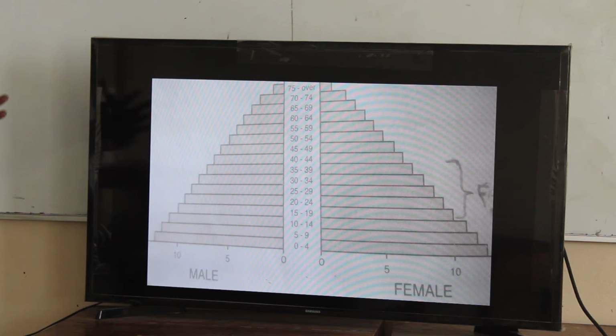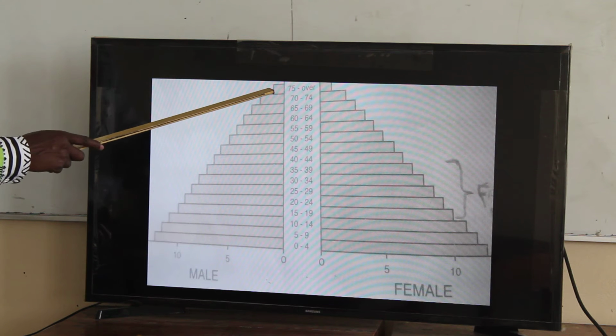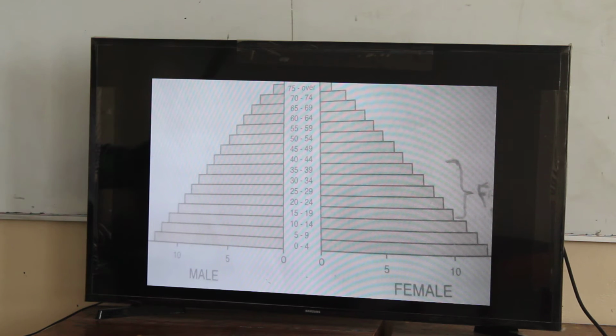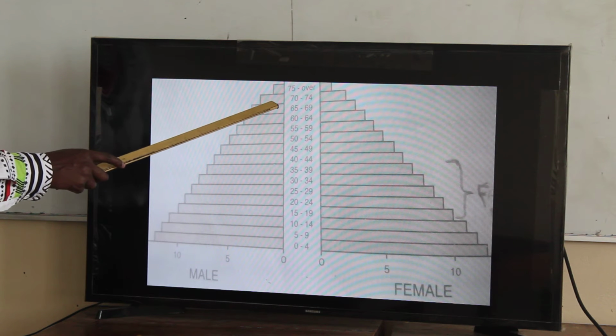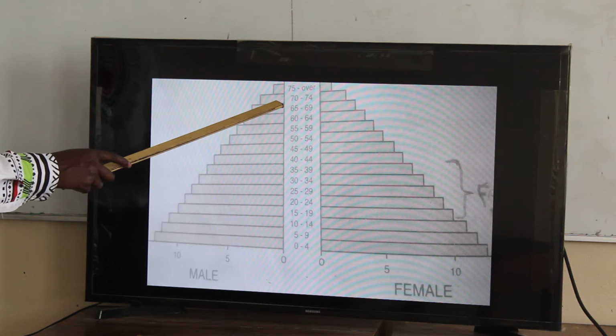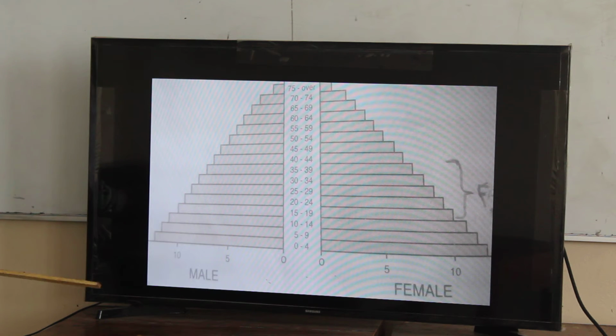Now, when we look at the population in terms of age, you can see there are very few people above 75 years. So the population is evenly distributed, and the old are very few. Looking at the people above 70 years, from here, they are very few.